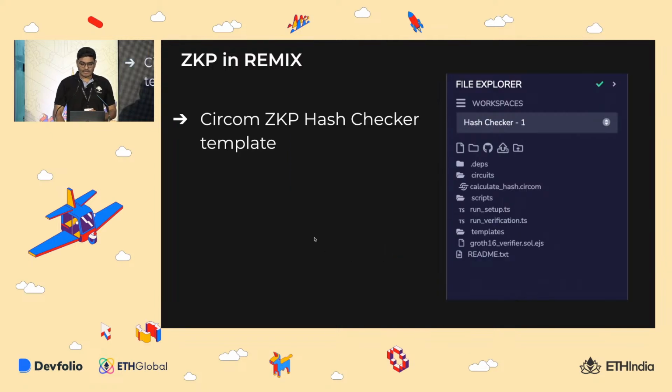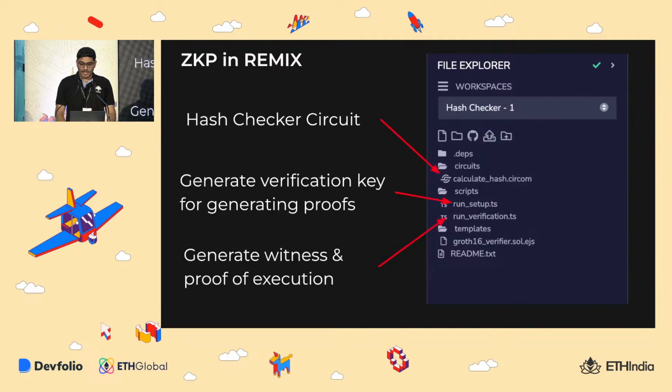When you create this hash checker template, it basically verifies the hash of 4 values without revealing those values. You will get this file with the extension .circom. We call it a circuit in the terminology of the Circom compiler, and then there are some scripts to run the setup and then to run the verification of the zero knowledge proof.